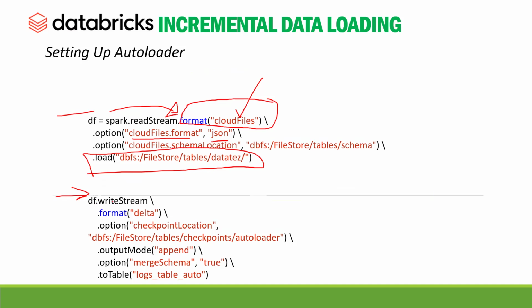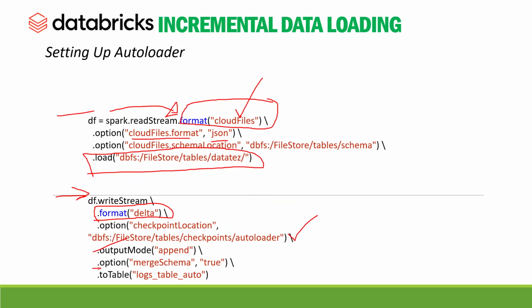So that's df.writeStream.format("delta"), though it's always good practice to mention the format. Checkpointing location should also be provided for our streaming workloads, and the output mode is append because we are trying to ingest data here.